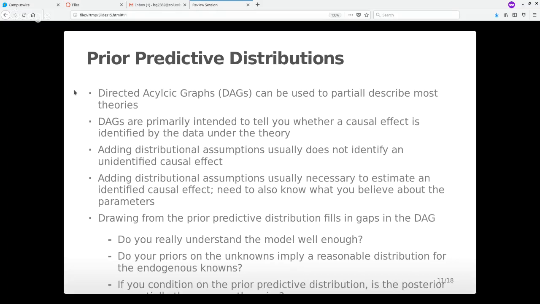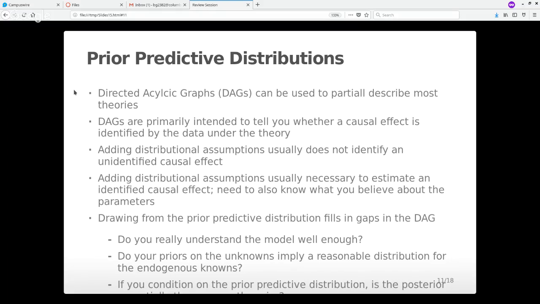And they're used to describe or partially describe the relationship among variables with a particular theory. So really all these graphs are a language to communicate what your theory is. And the primary use of them is to tell you, algorithmically, if this is your graph representing your theory, is the causal effect of some variable identifiable by the data under the theory.